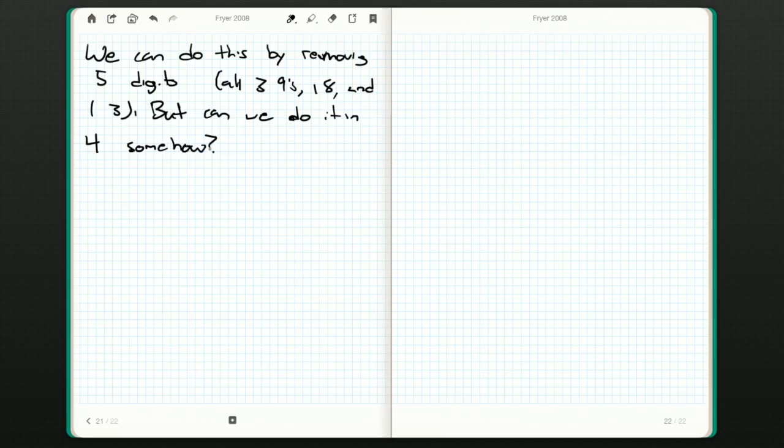We will show that this is the minimum number of digits if we can show that there's no way to do it with 4 digits.